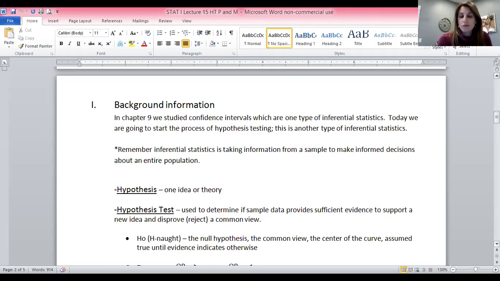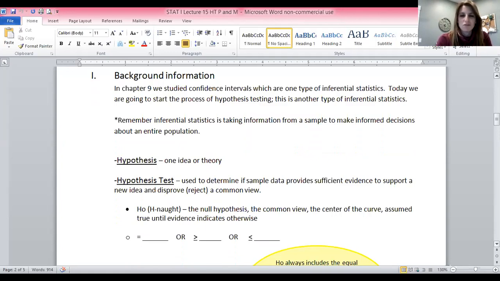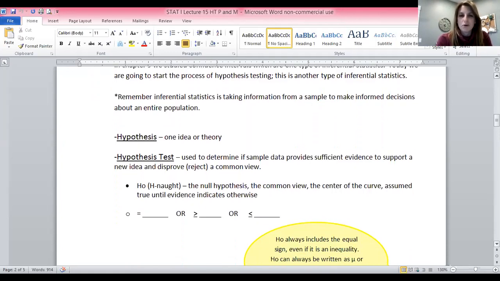We get used to it. We get used to the write-up, we get used to how to explain things, and then we get really good at it, and it goes really quickly. If you're moving on to Stat 2, this is what we do every single day in Stat 2. We do hypothesis testing. So this is very important for the entire class in general, but if you're moving on to Stat 2, it's really important.